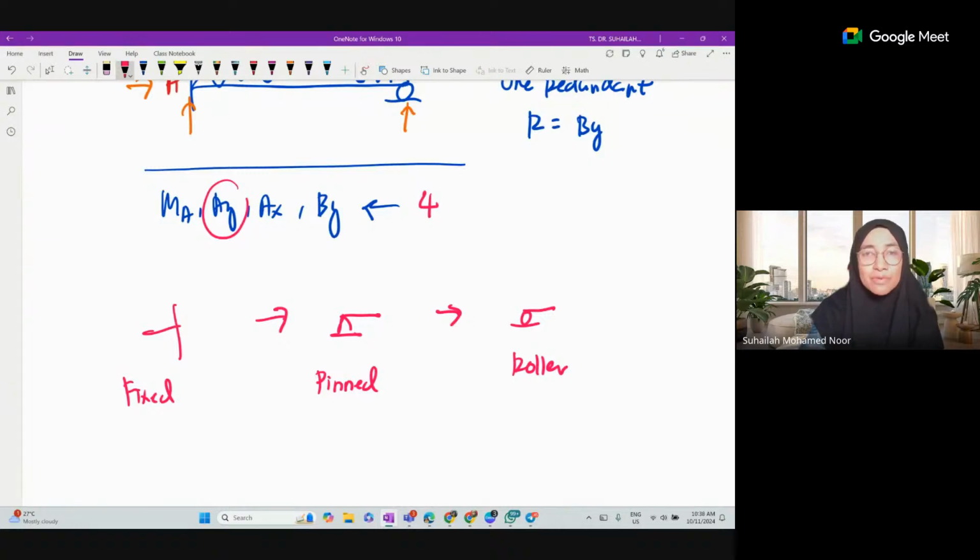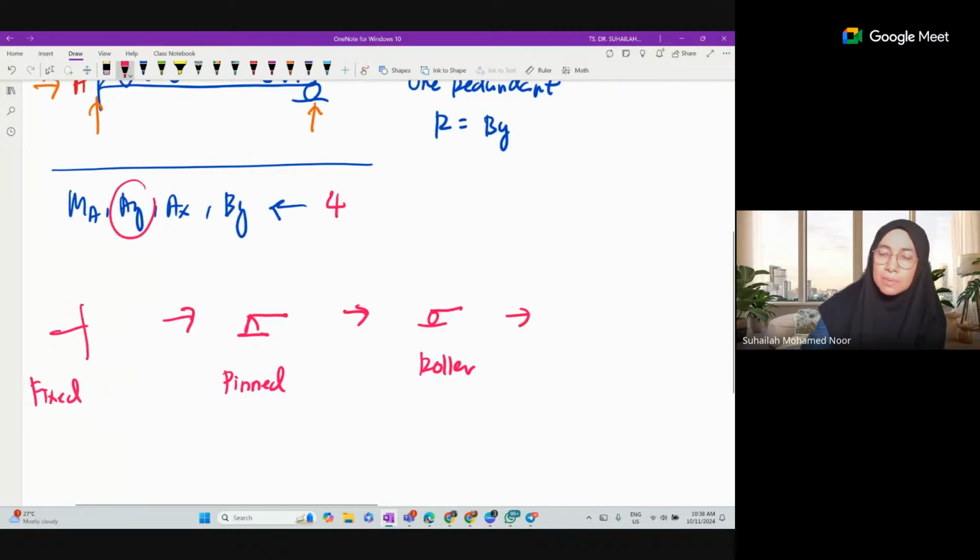And if we remove one from a roller, it becomes a cantilever end.